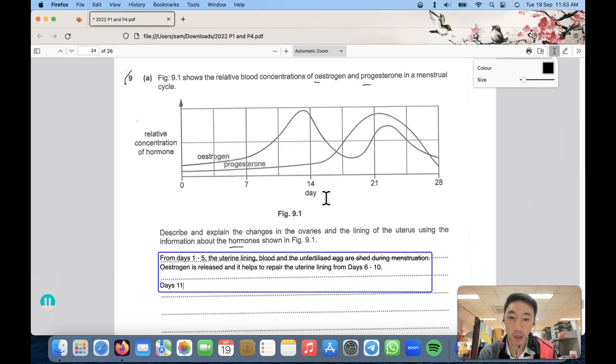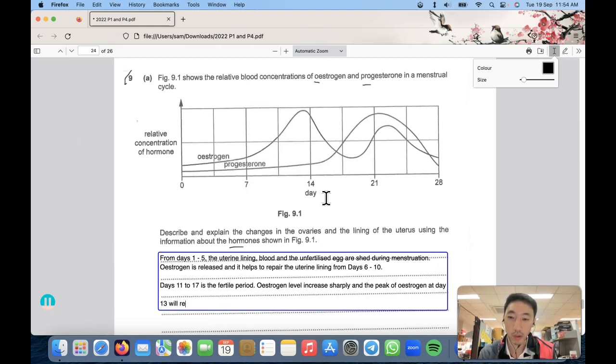Day 11 to 17 is the fertile period. Estrogen level increases sharply, and the peak of estrogen at day 13 will result in the ovulation on day 14. Subsequently, the estrogen level will decrease.